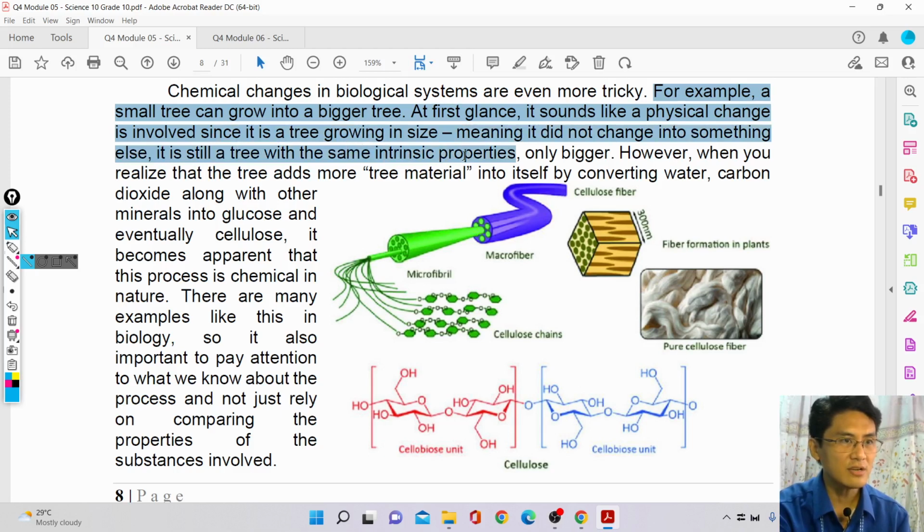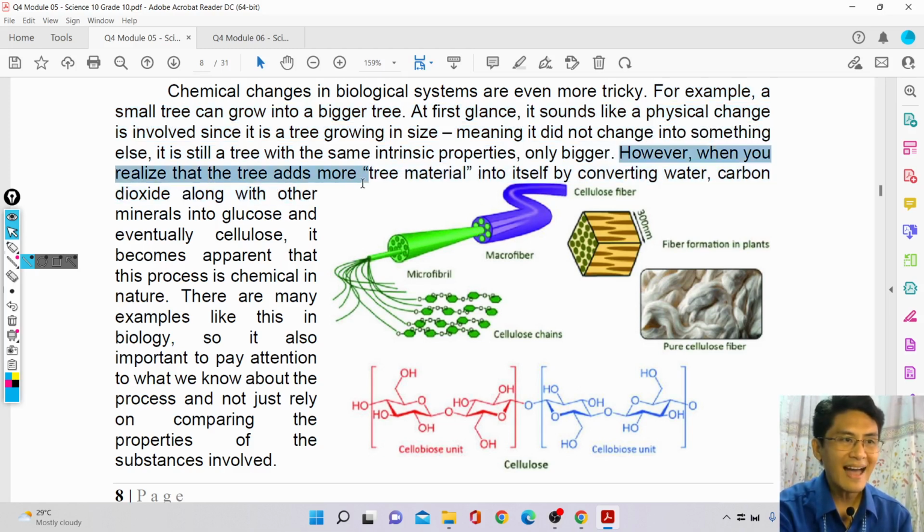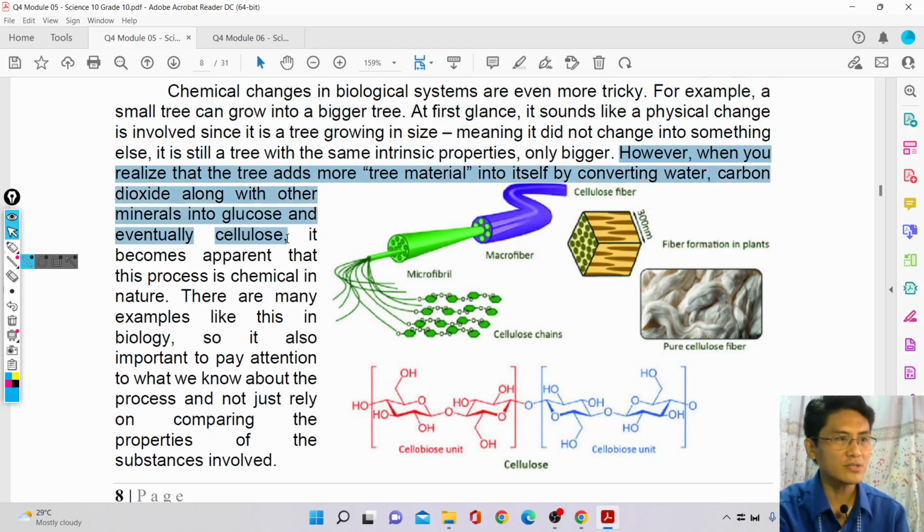It is still a tree with the same intrinsic properties, only bigger. However, you have to realize that the tree adds more tree material into itself by converting water, carbon dioxide, and other minerals and glucose into eventually cellulose. And again, this goes back to our discussion about carbohydrates.